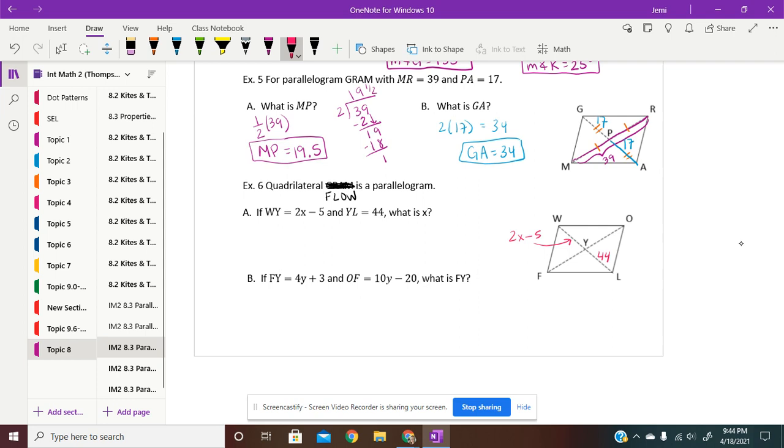Okay, so going back to using our facts, I know that this diagonal gets bisected just like this one gets bisected. So that means that 2x minus 5 is going to be the same as 24. So 2x minus 5 is equal to, I'm sorry, 44. I think I misspoke, 44.